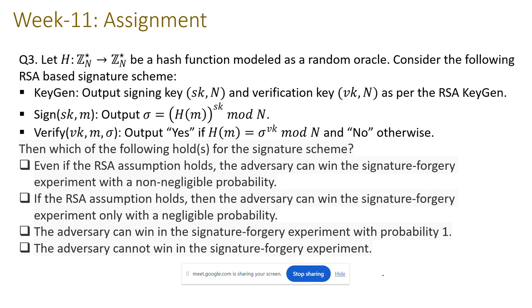Was it possible to get a secure signature scheme in that case? Could the signature forgery experiment be won by the adversary if H was not a random oracle?